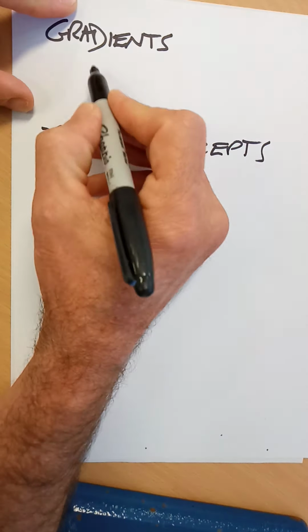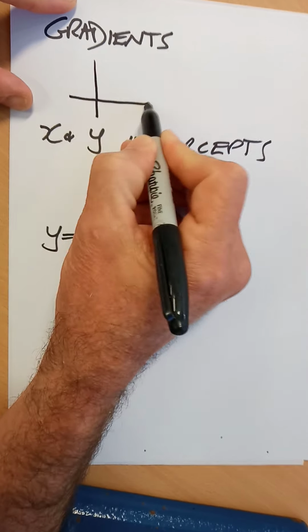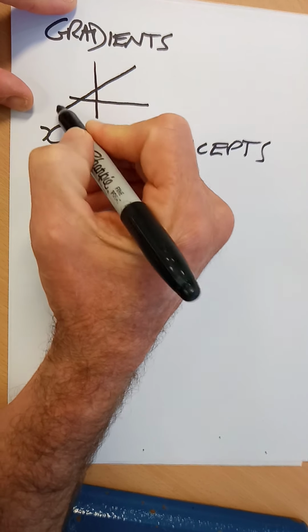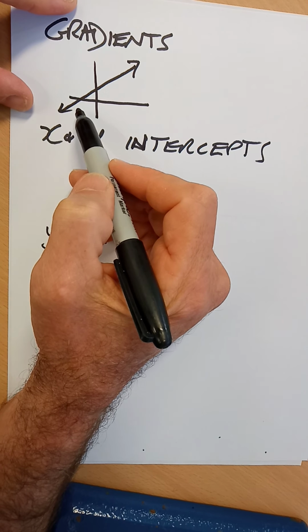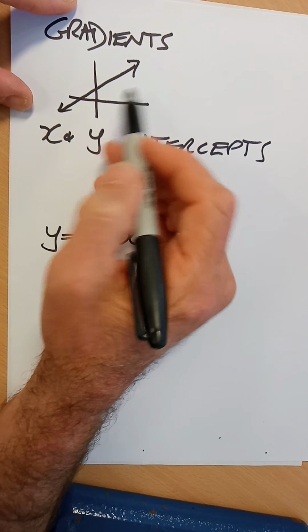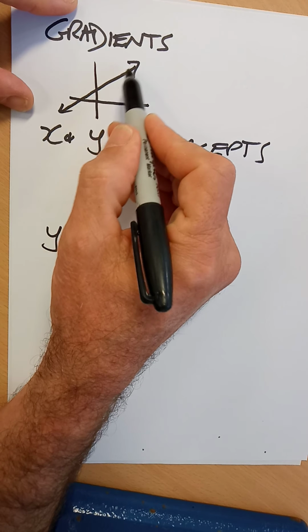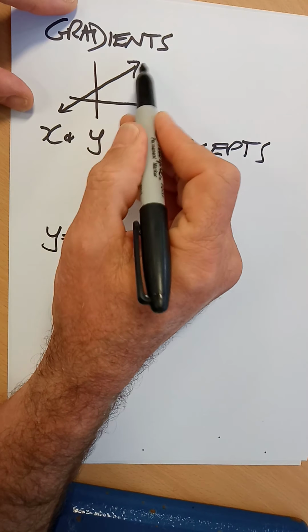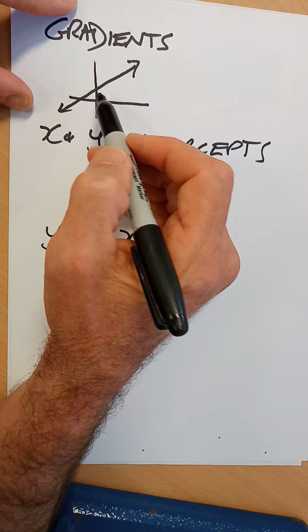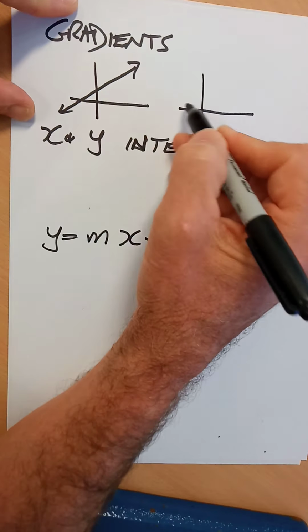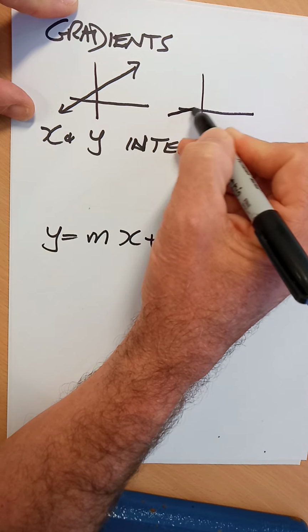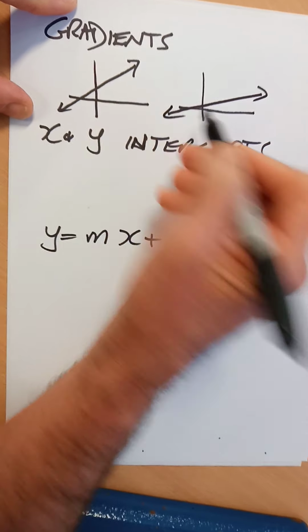Okay, a gradient has to do with linear graphs. Linear graphs are simply graphs that graph as a straight line. So the gradient is the slope of the graph. It might be steep, or it might be not so steep.